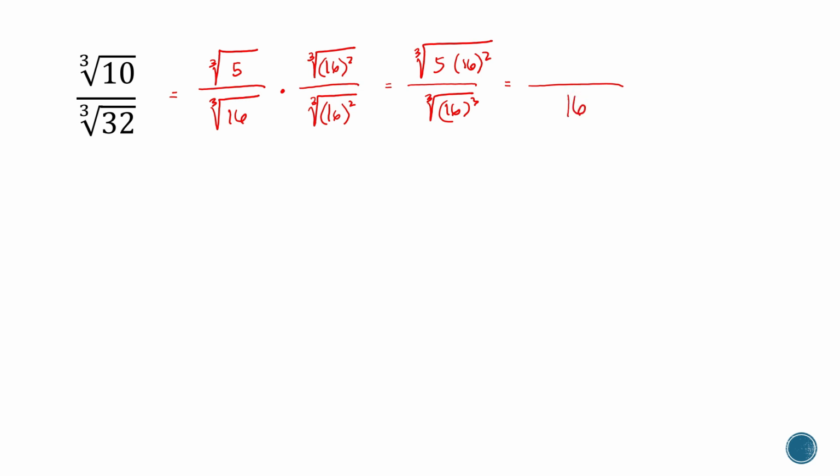In the numerator, we can simplify that 16 squared. And by the way, in 16, there is a perfect cube factor, and what is that? That's 8. The cube root of 8 is positive 2. So meaning we can express the numerator as 5 times 8 times 8 because there are two 16s, times 2 times 2.